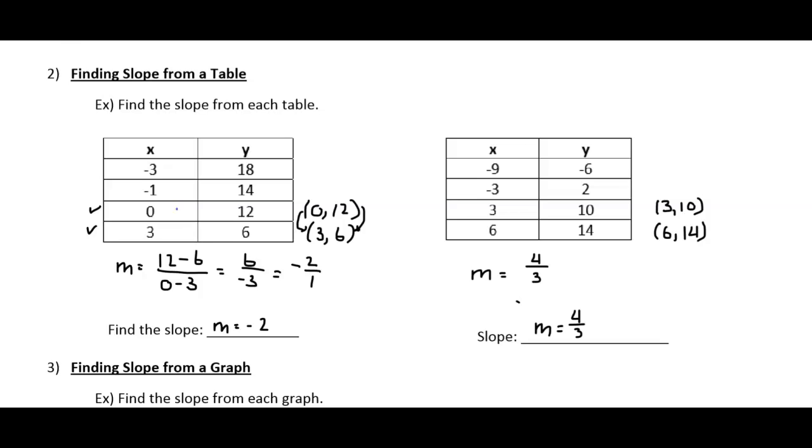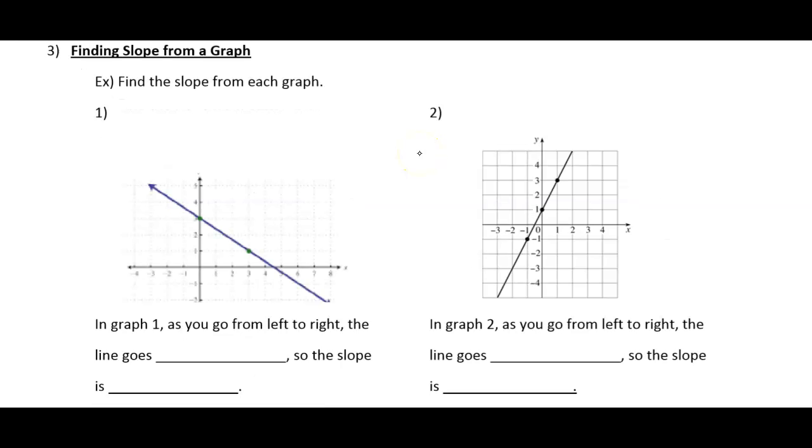All right, moving on to finding slope from a graph, okay? So here you can do it a couple different ways, okay? You can really focus in on the idea of rise over run, which a lot of people like because you just basically count rise and run and then make it a fraction. Or you can pick out 2 points and do the formula, okay?